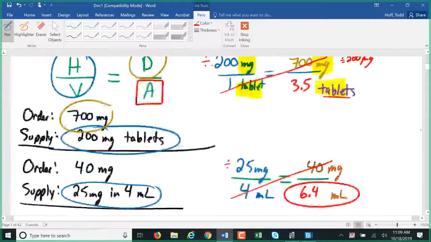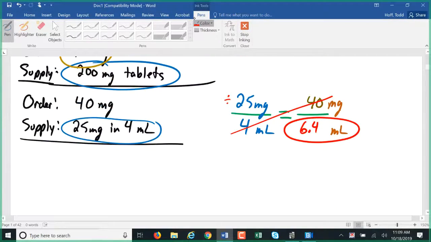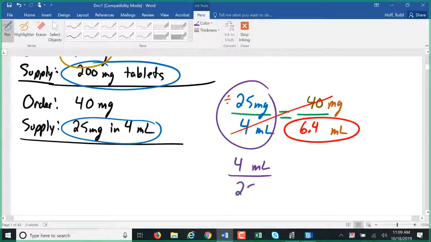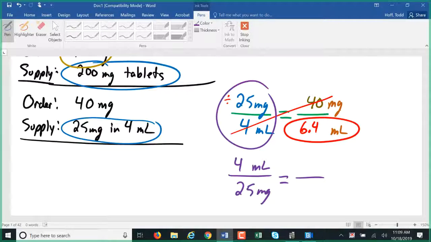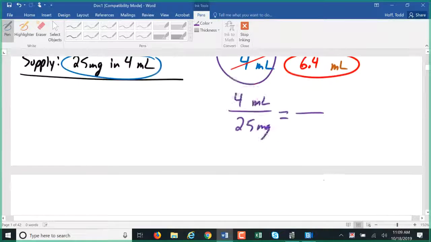If I did things backwards here, when I set up this first ratio, what if I said 4 milliliters to 25 milligrams? It doesn't matter, because we know on the other side the units have to match up.